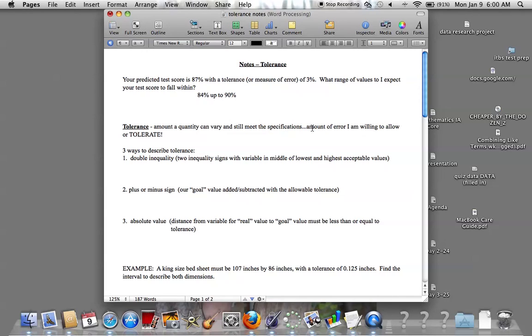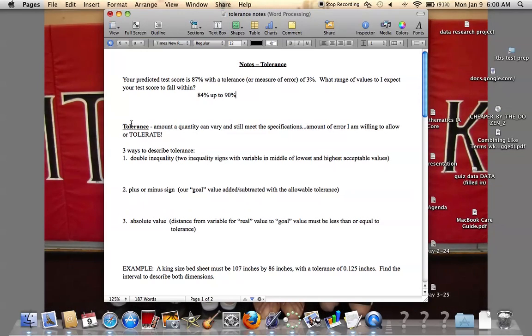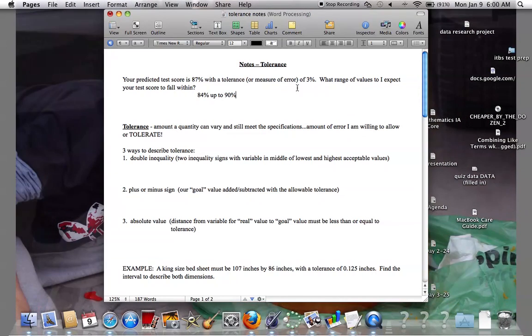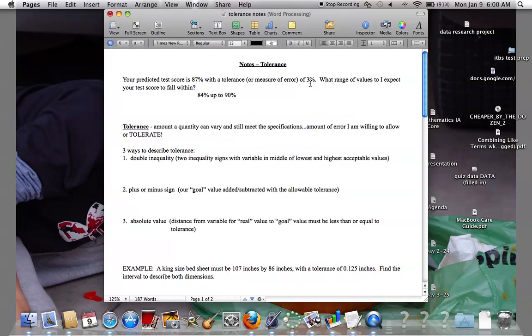Another way to say this is that it's the amount of error I'm willing to allow or tolerate. That's where the word tolerance comes from: I can tolerate a certain amount of error. On this test score, I was making a prediction and I was willing to say I could be up to 3% off. 3% low or 3% high.